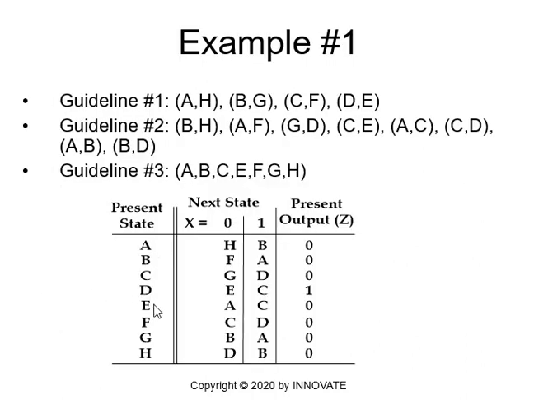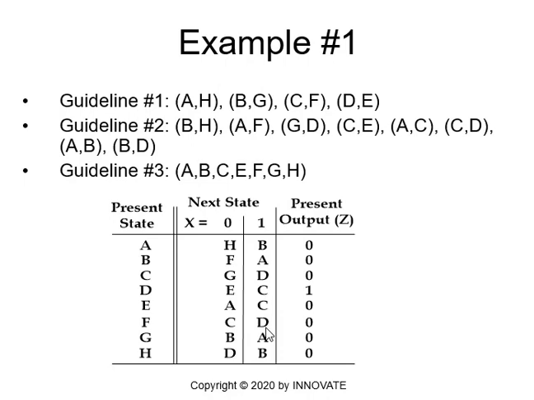The same thing, if we see here, we need B and G because both of them have the same next state. Then we have C and F because both of them have the next state D for the given input x is 1.